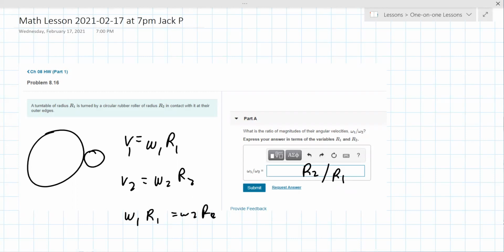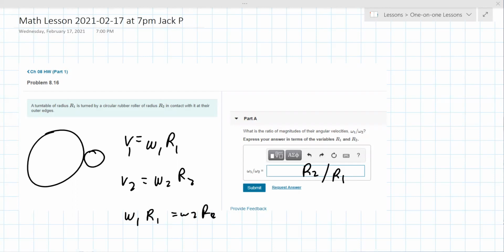I have to use a subscript for this. All right, let's see. This thing is so weird.